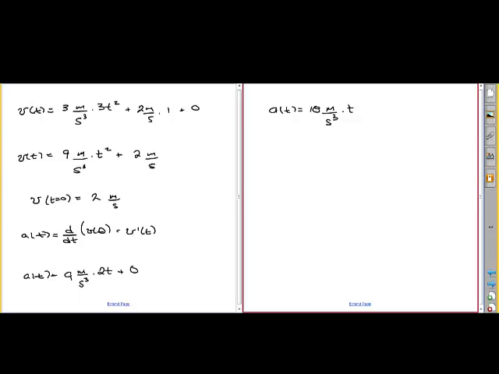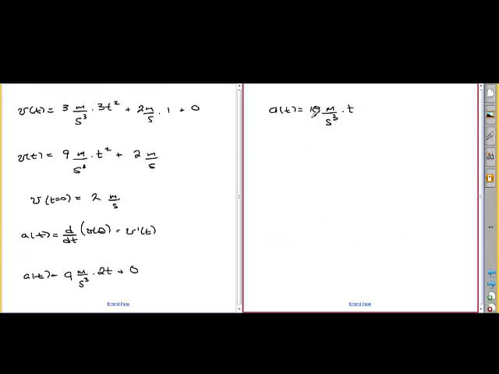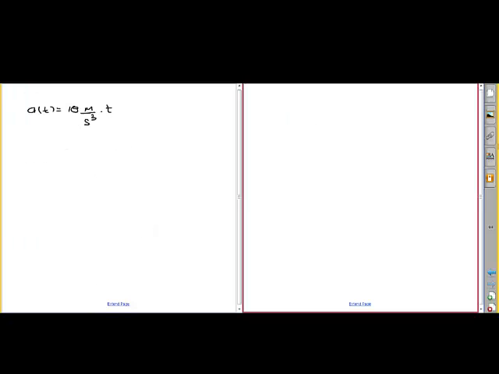So I always have to get units of meters for displacement or position, meters per second for velocity, meters per second squared for acceleration. Okay, so that's one case.